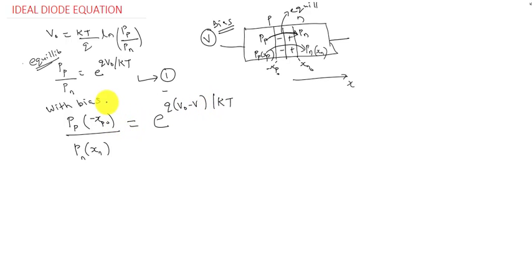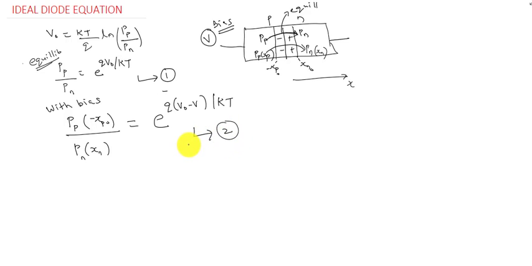Here we are assuming forward bias. So under forward bias condition, PP of minus XP by PN of XN is equal to e raised to Q times V naught minus V by KT, since V naught is changing to V naught minus V, where V is the applied forward bias voltage. So this is equation 2.